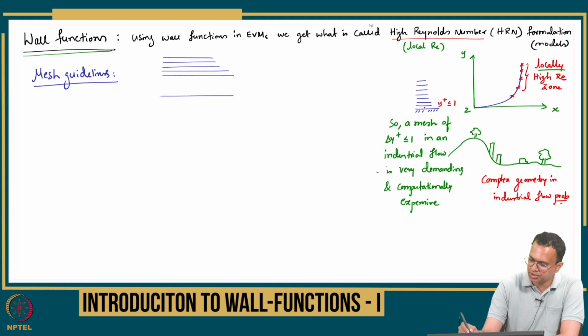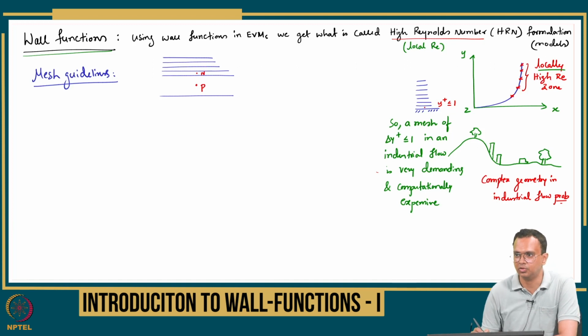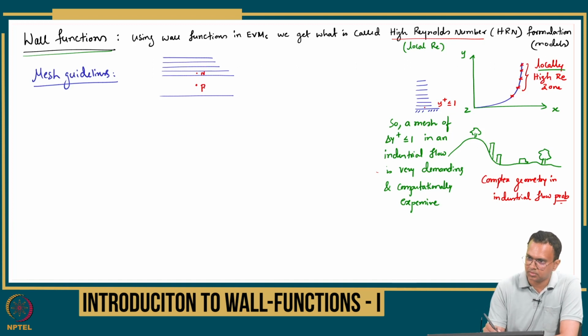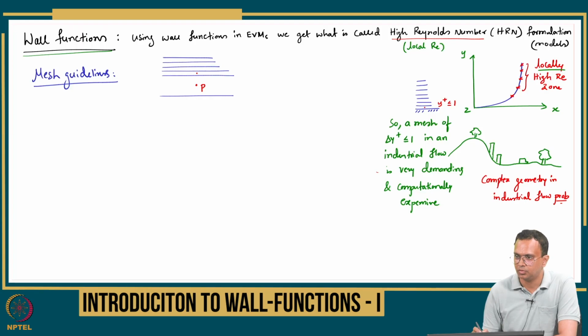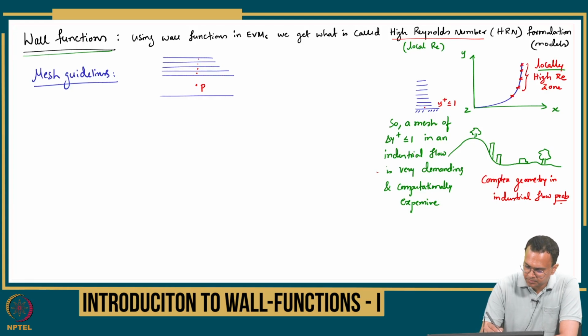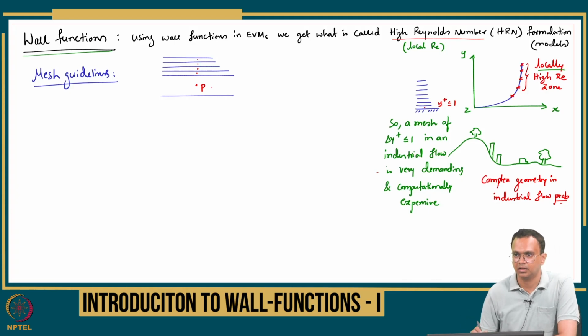Where the first mesh node, if you follow finite volume method, you are familiar with what is called a P node, N node and so on, north node, south node and so on. So a P node is what you would follow, right? So the P node here must be above the buffer layer.